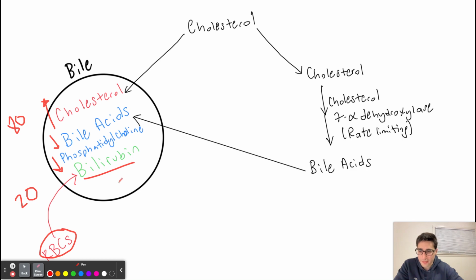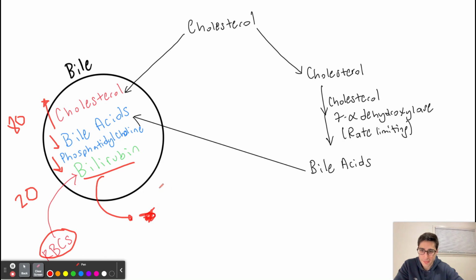And this is important because unconjugated bilirubin is going to be what is going to be precipitating out in order to make stones. So unconjugated bilirubin is insoluble, and when it is in bile, it can form an insoluble complex with calcium, and can precipitate out of bile along with calcium in order to form stones.